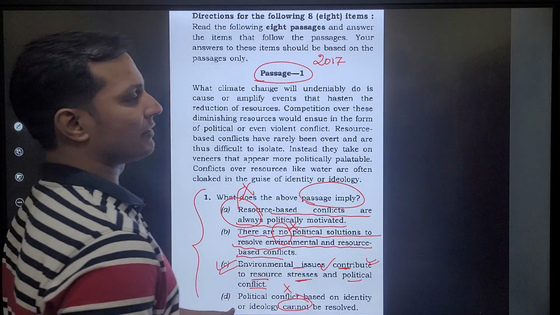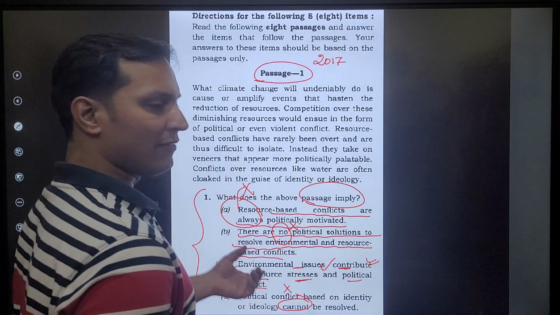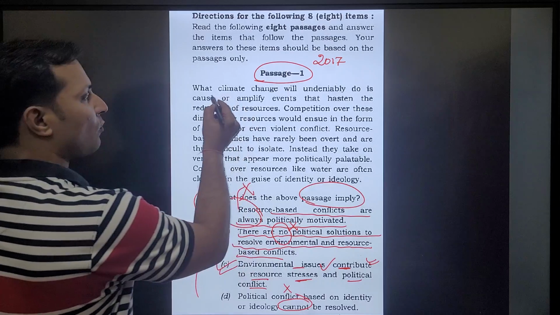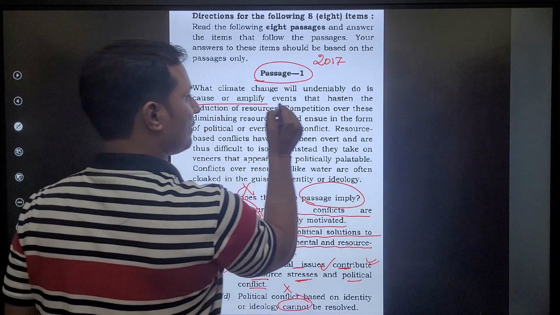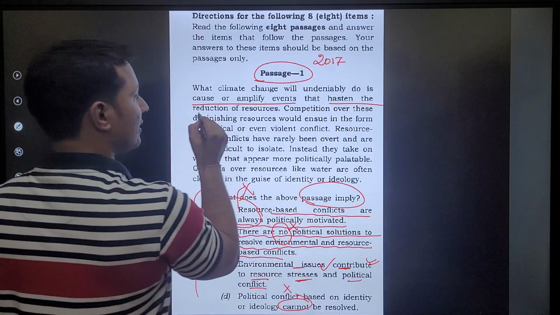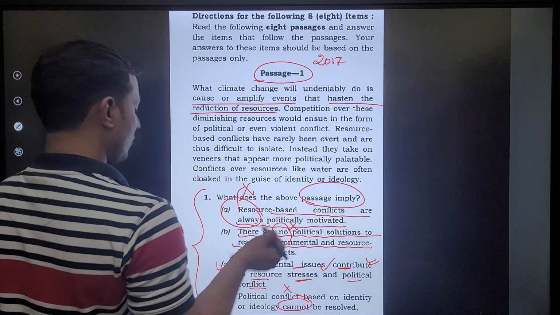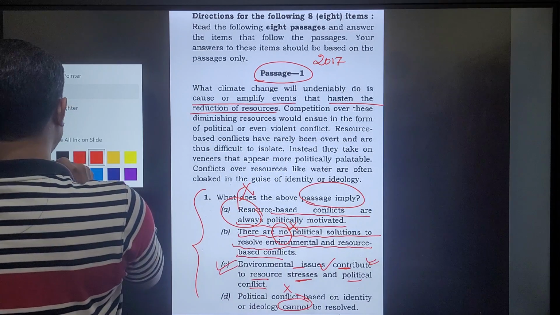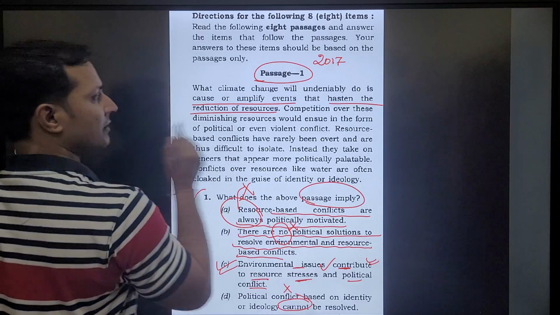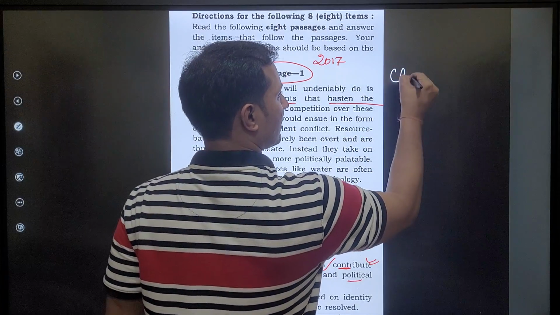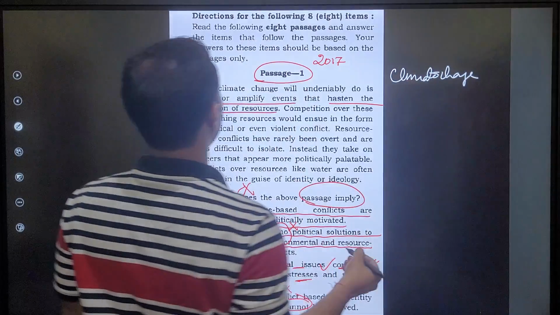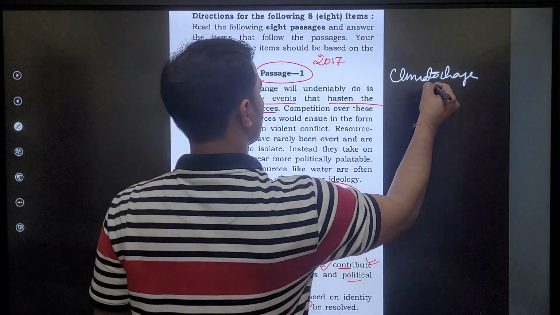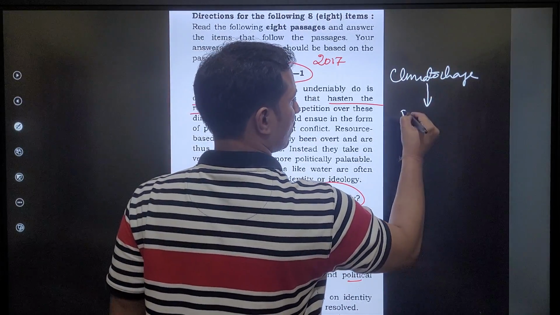Now we'll read the passage and we'll confirm whether we have answer C or not. Okay, so what climate change undeniably does is to cause or amplify events that hasten the reduction of resources. So what the passage says is that climate change leads to what? Reduction of resources.